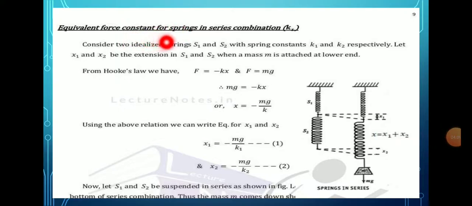Equivalent force constant for springs in a series combination. In this, we consider two springs and attach them in series, and we will discuss what happens when we attach two springs in series.